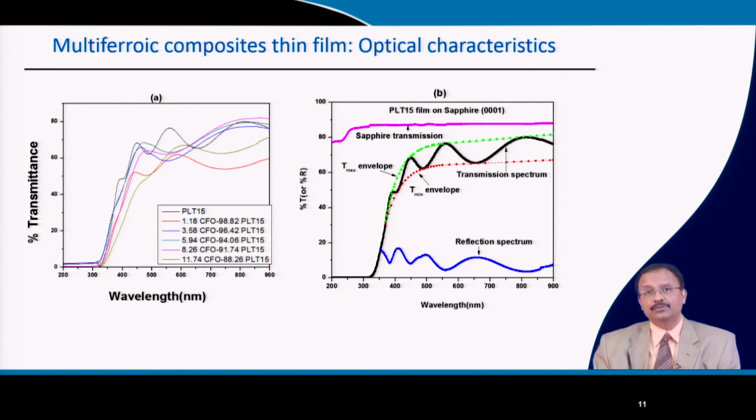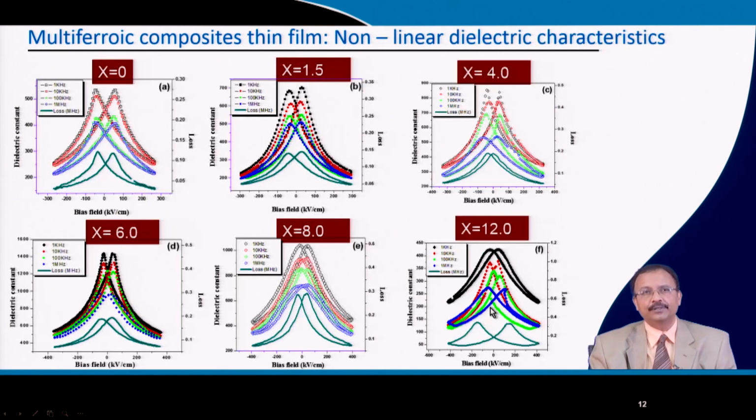You can do that for this particular film, and the composite film will have different transmittance spectra for different volume content of CFO. If you analyze all the optical constants, you can see how they vary with the change in CFO for other optical-based applications that are required. So, this is required to characterize the film.